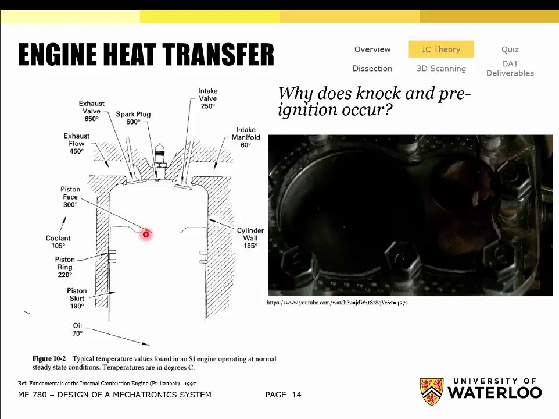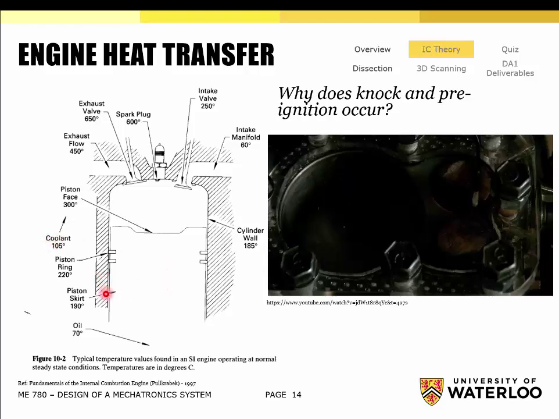It's 300 degrees Celsius. The piston rings are slightly colder because they're touching the cylinder wall, which is only 185 degrees Celsius, because the cylinder walls are cooled by the coolant, which is 100 degrees Celsius. Okay, it's pretty much controlled to be about the boiling point of water. We raise the boiling point slightly by adding alcohol to it and putting it under pressure, which allows you to operate slightly above boiling and suppress boiling.